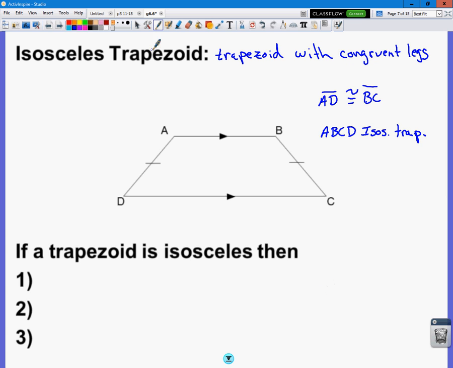Now, there are a couple things that are true for an isosceles trapezoid. The first one comes from the definition. The legs are congruent. So in our picture, AD is congruent to BC.